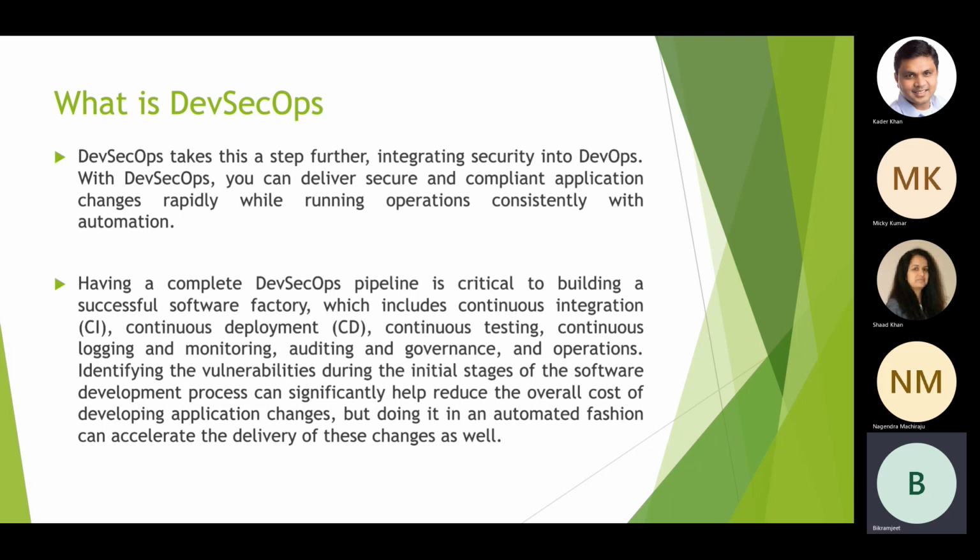So if you have already introduced security in your pipeline, in your DevOps, you can make it secure in the initial phase rather than finding the vulnerability after the application patch is released or the new code is introduced in the production, and then fixing it after that is not a recommended approach.